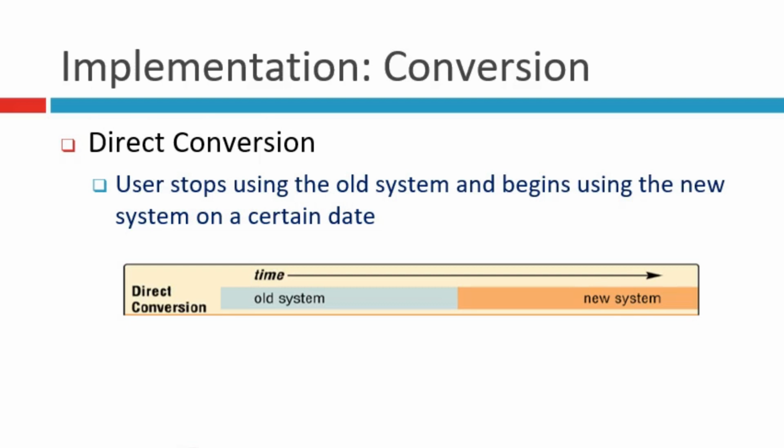So in this strategy, all the staff in KML must stop using Microsoft Word immediately in March, as stated or as ordered by the management. So the old system, which is Microsoft Word, will be replaced with the new system, Open Office document, based on the certain date stated.